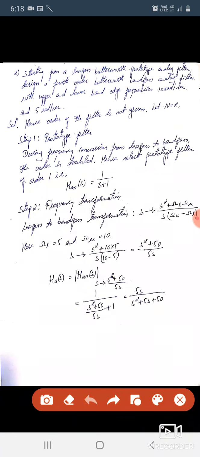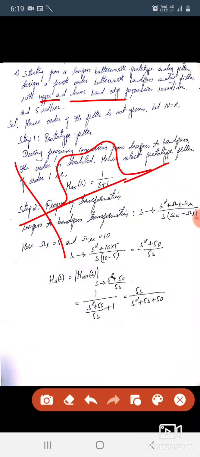What else they gave? They gave the upper and lower band edges, 10 and 5. Means in this band pass, it's given as 5 to 10 radians per second.